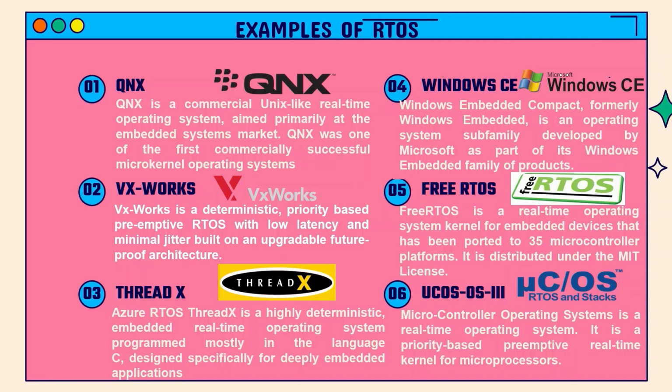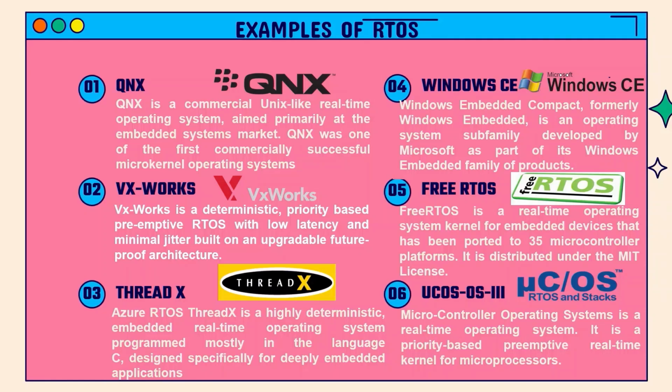QNX is a commercial Unix-like real-time operating system aimed primarily at the embedded system market. QNX was one of the first commercially successful microkernel operating systems. VxWorks is another deterministic priority-based preemptive RTOS with low latency and minimal jitter, built on an upgradable, future-proof architecture.